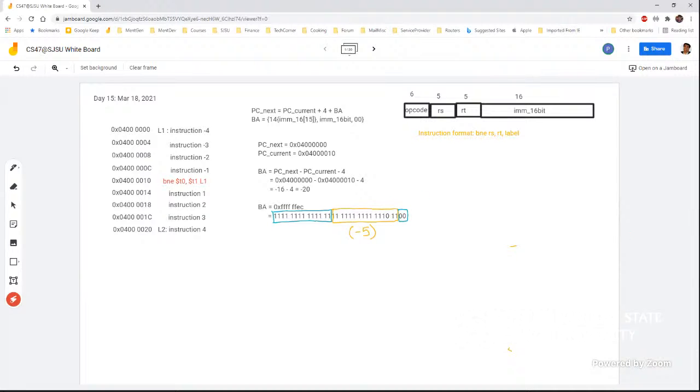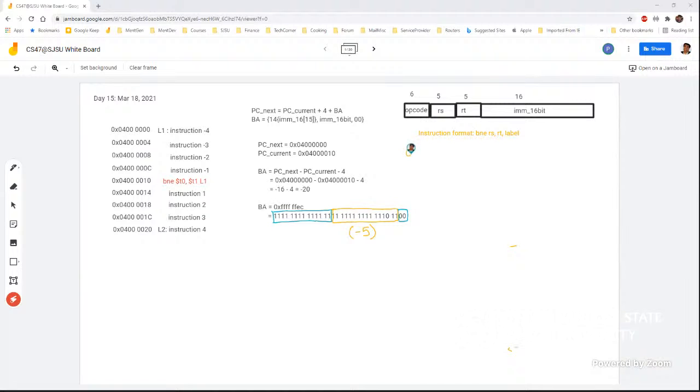Let's look at the MIPS green sheet page. I believe you all have access to that page. If you haven't opened it, please open it and look at BNE.